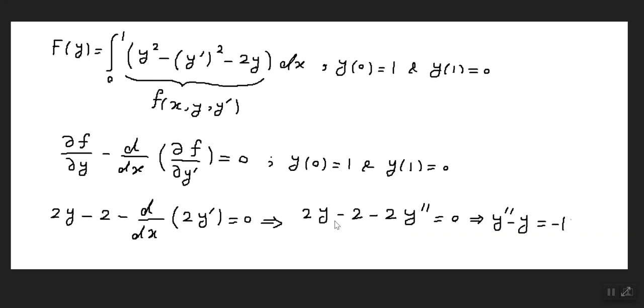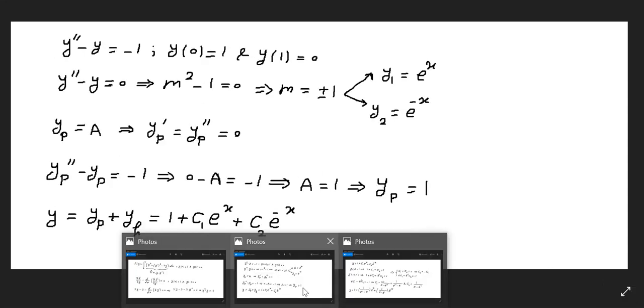So it becomes 2y minus 2 minus 2y double prime. After simplification we get y double prime minus y equals minus 1. Now you can see we have a second order linear ODE. Now we have to solve this to find y subject to these boundary conditions. Here you can see I have done it for you.